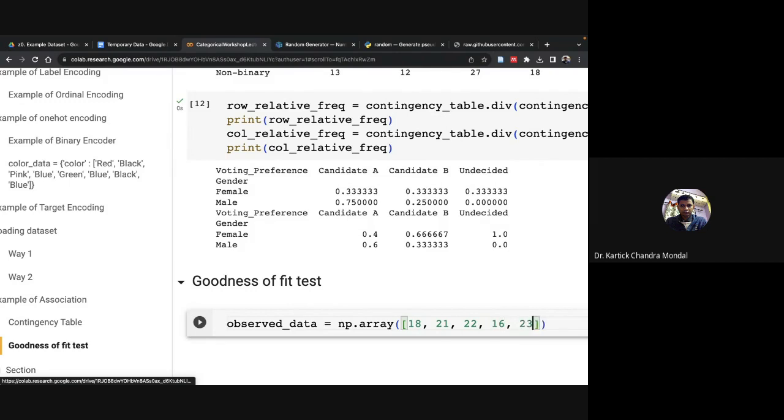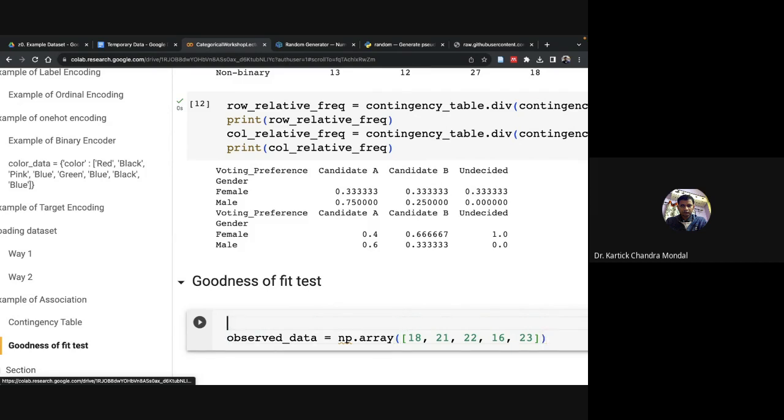You can randomly generate this data set. I have just taken 5. Instead of 100 cookies, I have taken 5 cookies and counted the number of chocolate chips present on those cookies.